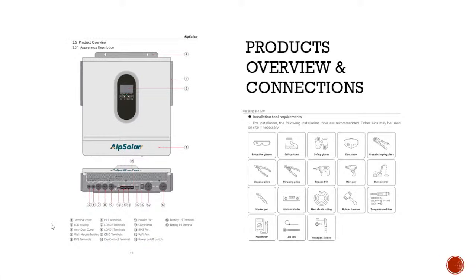We all know what dry contact is. Dry contact is just like a relay. Its function is just to open and close. It is used to control external machines. Let's say you want to connect an automatic generator. Based on the way you set it, it will connect with the external generator, to switch it on automatically and switch it off.